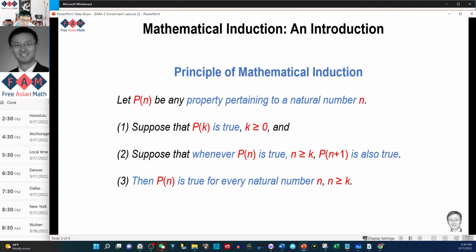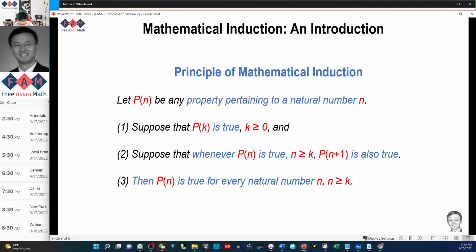It cannot go before k. But we assume whenever this property is true for this natural number n, it will always be true for the next natural number.